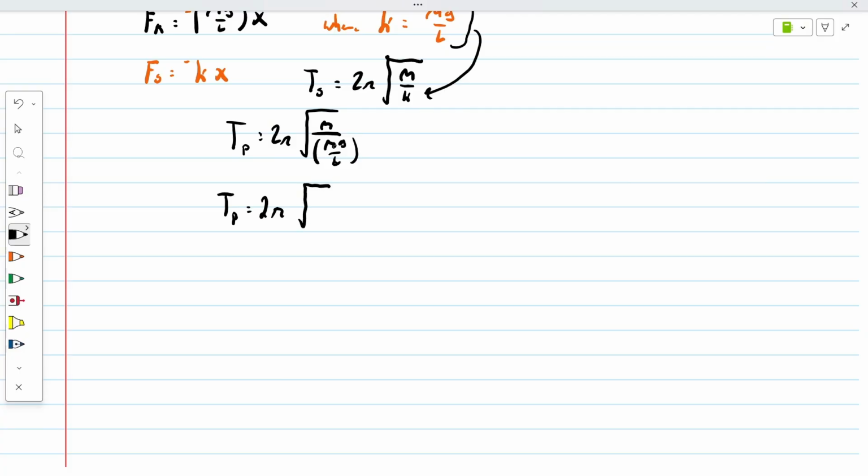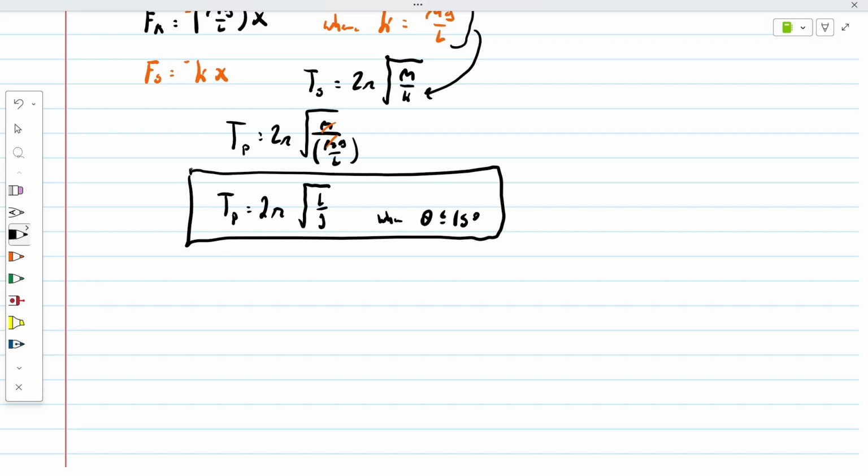And so the masses will cancel here. And then it will be 1 over g over L, so those will flip around, and we'll get L over g when theta is less than or equal to 15 degrees. So there we go. That's our derivation for the period of a pendulum.